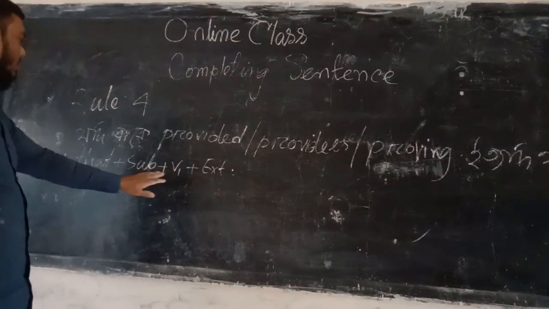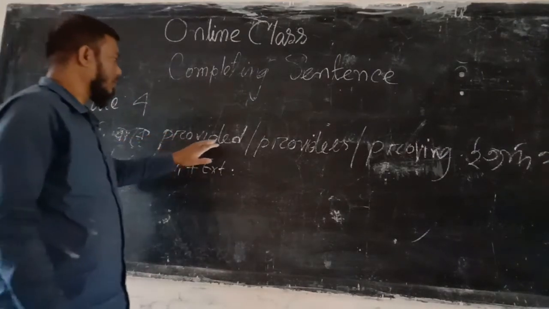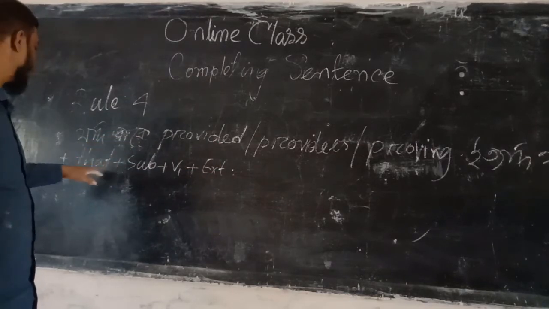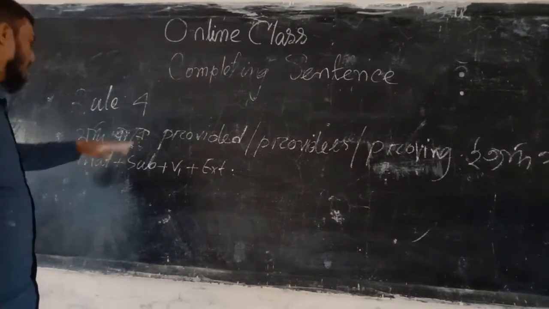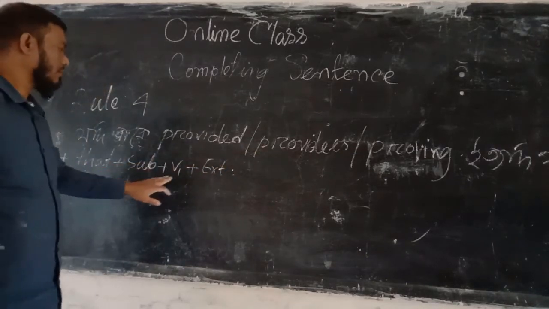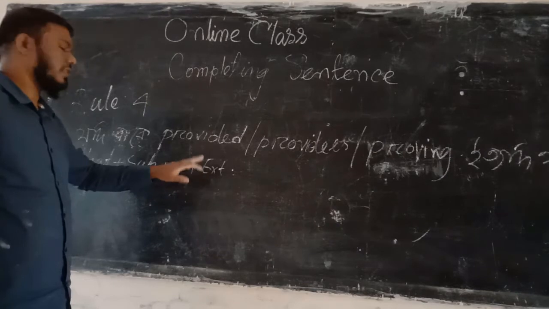That means if we find the words provided, providing, provides, etc. in the sentences, we have to complete the sentence after the word provide like this: we have to use that, then subject plus verb present form plus extension.